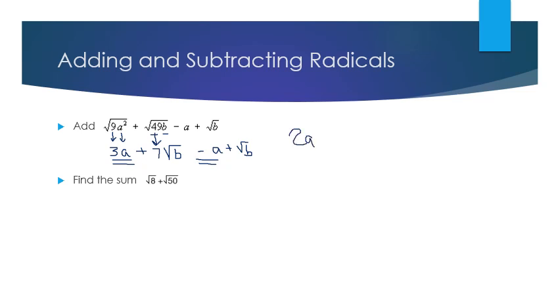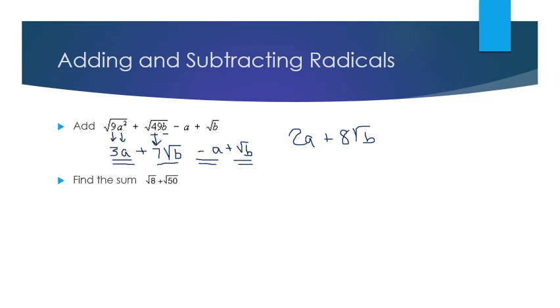And I've got 7 square roots of b plus 1 more square root of b, and I can combine those because they have the exact same square root. So that's going to be plus 8 square root b.